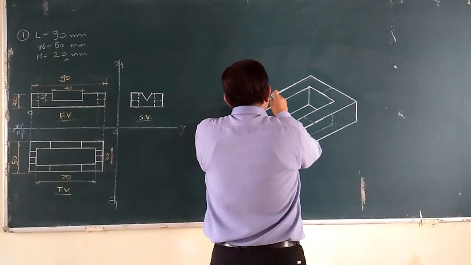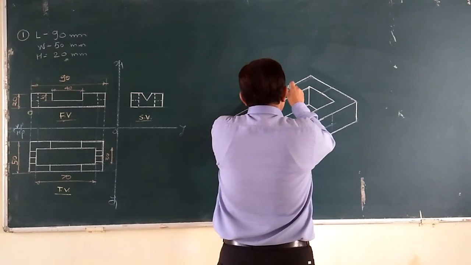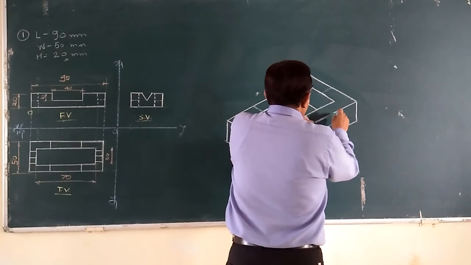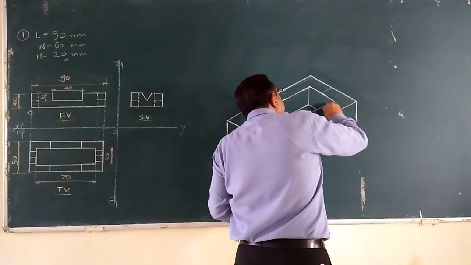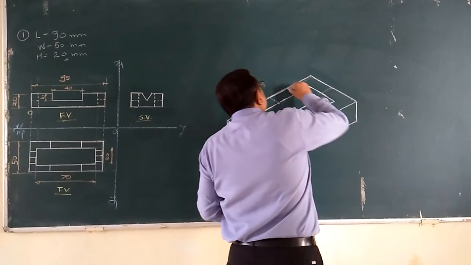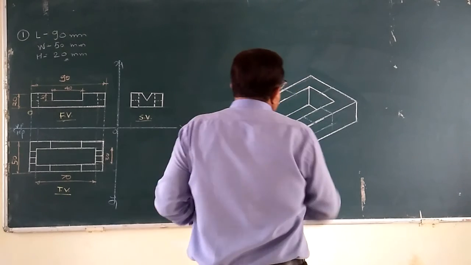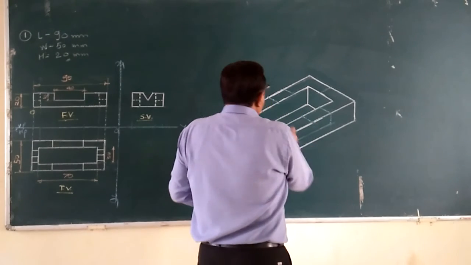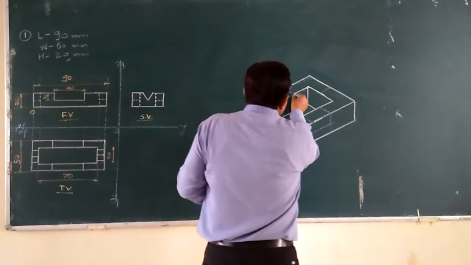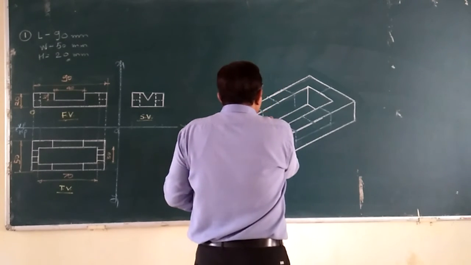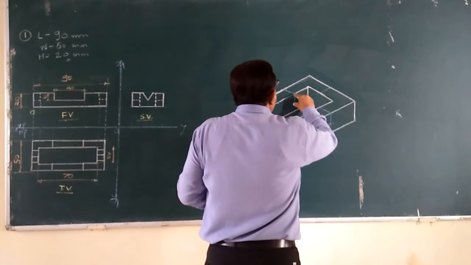Similarly, the same distance I will locate on the right side also. Simultaneously on both walls you locate the same distance, so that it will be much easier to construct the sketch. Similarly, on this surface also, mark the vertical lines and the depth of 10 mm.